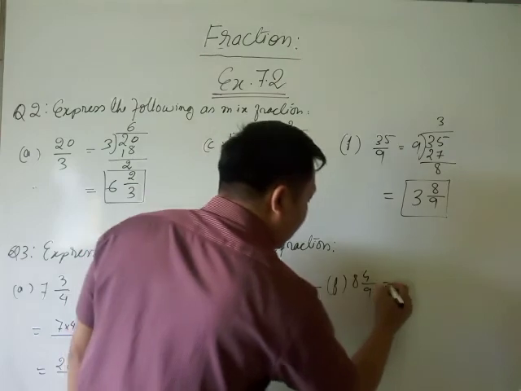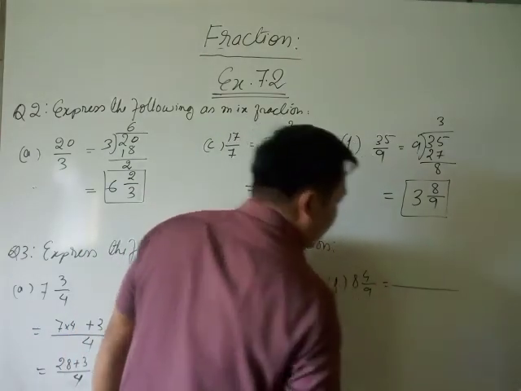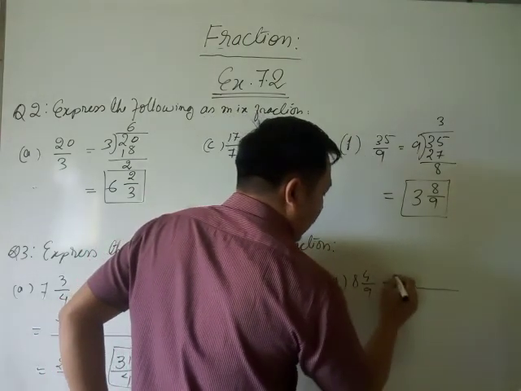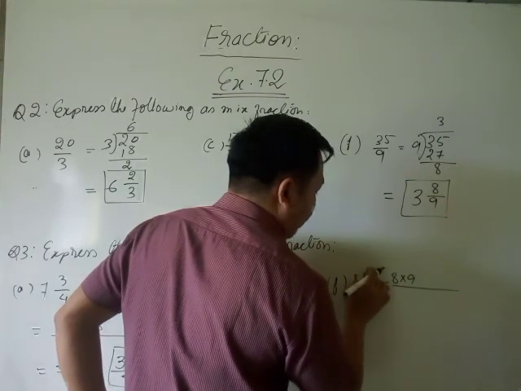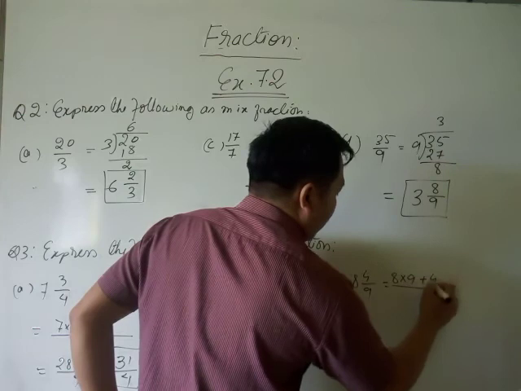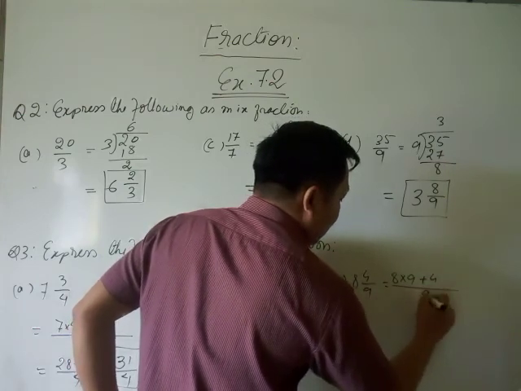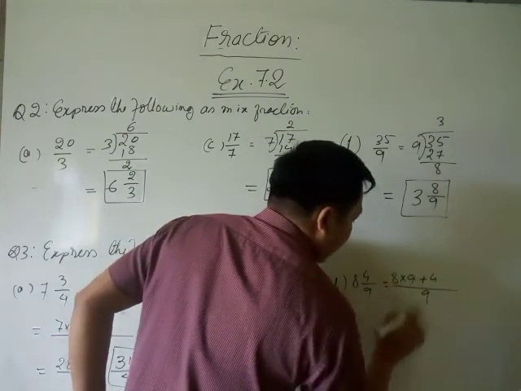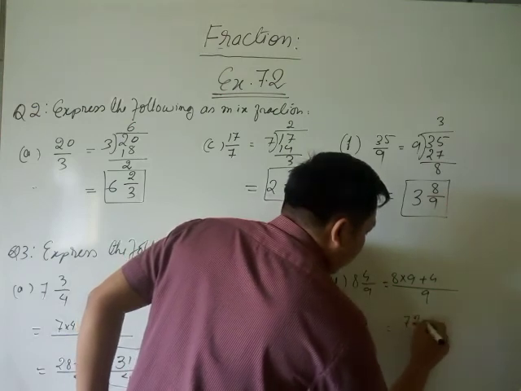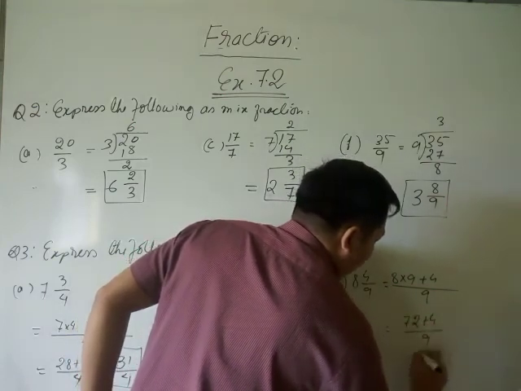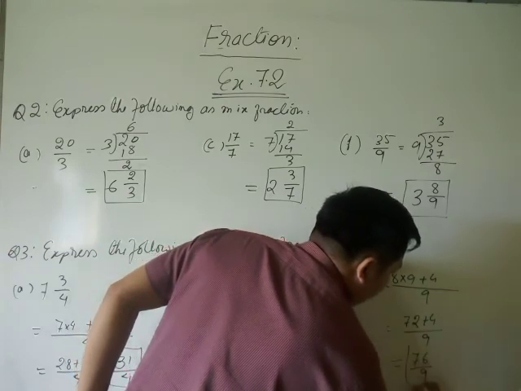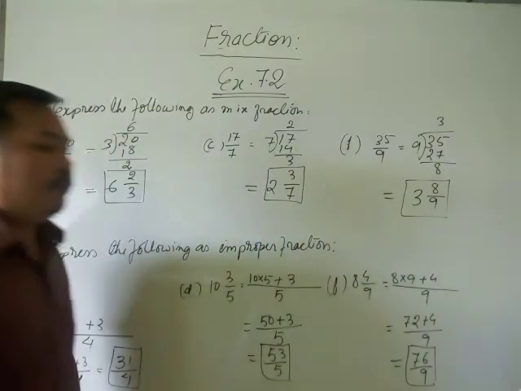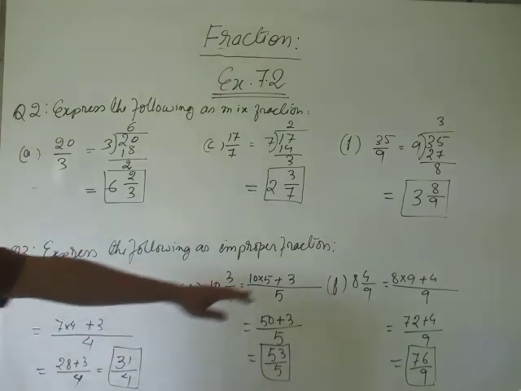Here also, draw a longer line here. Then 8 and 9 will be multiplied, plus 4, and the denominator will be 9. Then 8 nines are 72, plus 4, by 9. Then we get here 76 by 9. This is the improper fraction of the given mixed fraction.